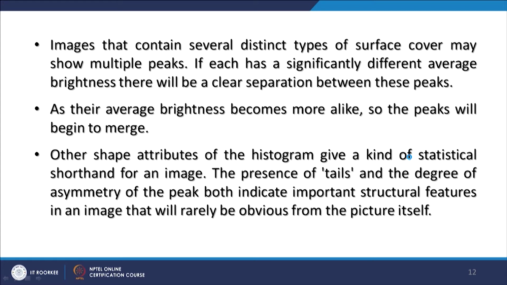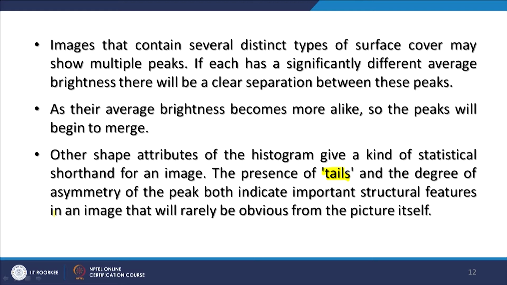There are some other advantages with 1 peak, 2 peaks and 3 peaks, and tails also, like the presence of tails and degree of asymmetry of the peak both indicate important structural features in an image that will rarely be obvious from a picture itself.